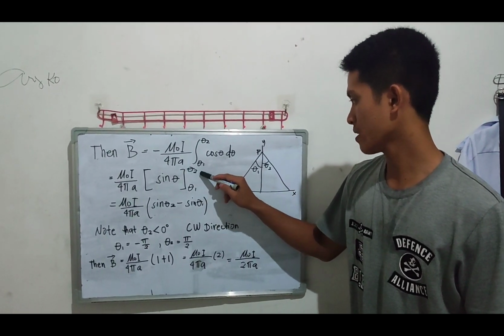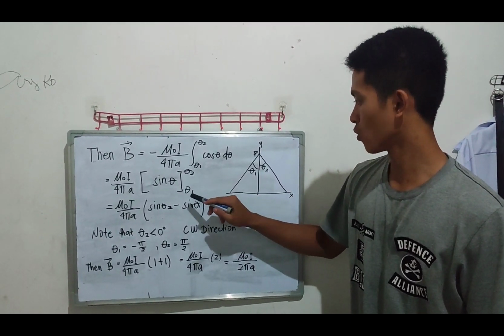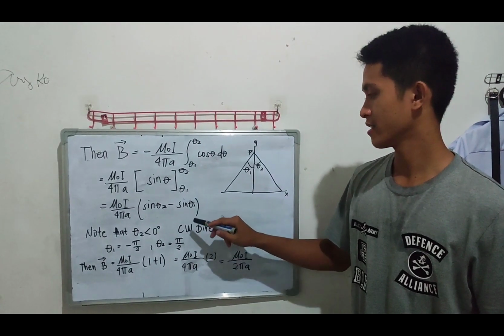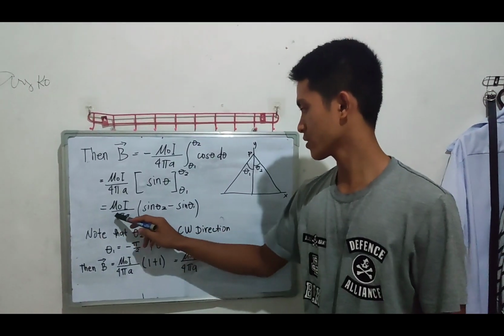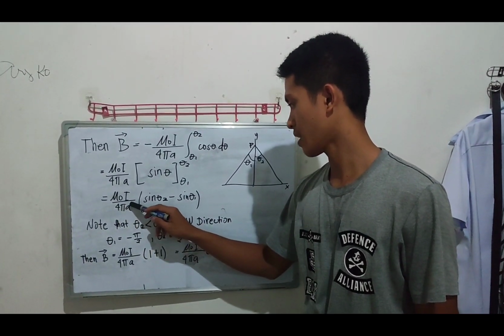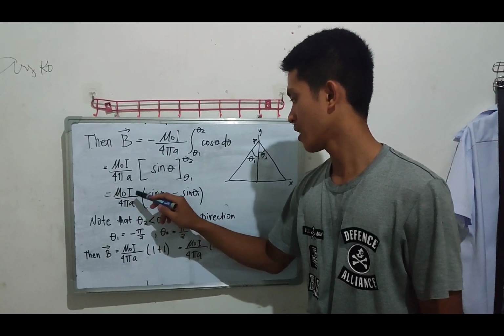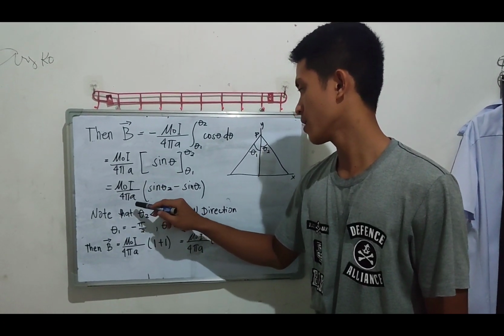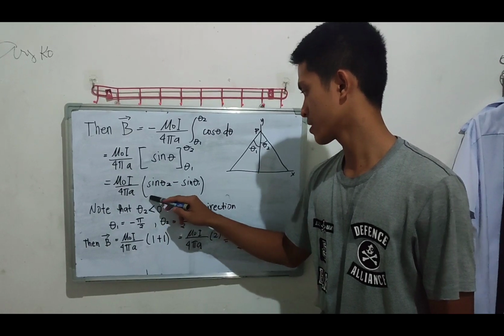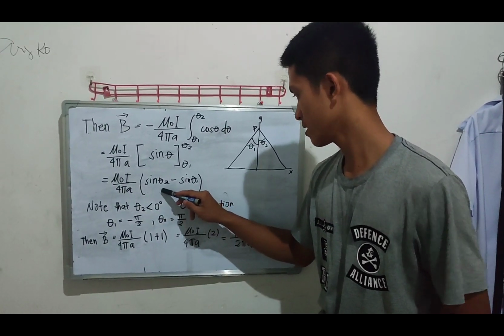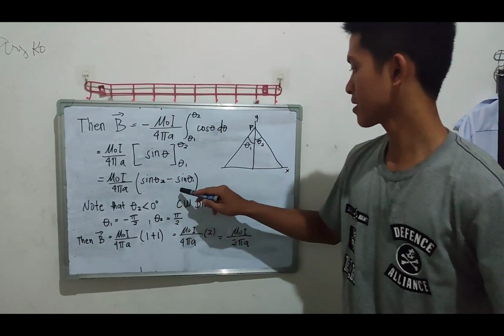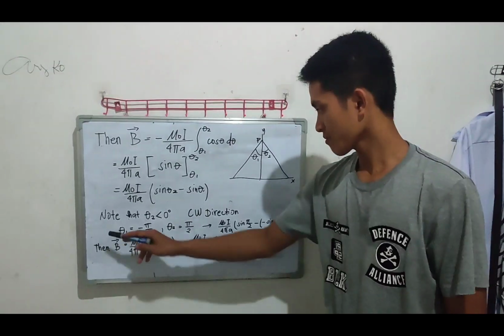Substitute the upper limit minus the lower limit. So it is equal to mu sub 0 I over 4 pi a times sine theta 2 minus sine theta 1.